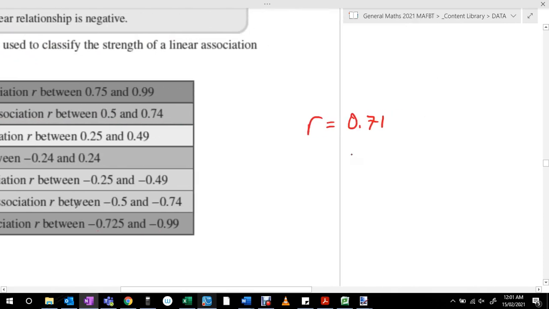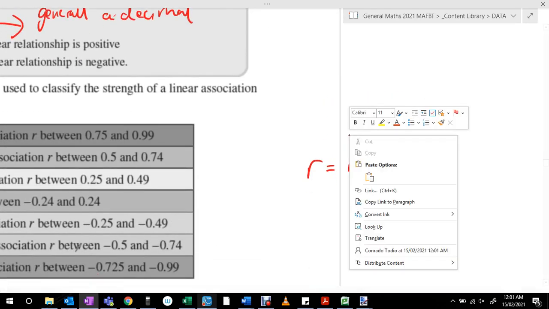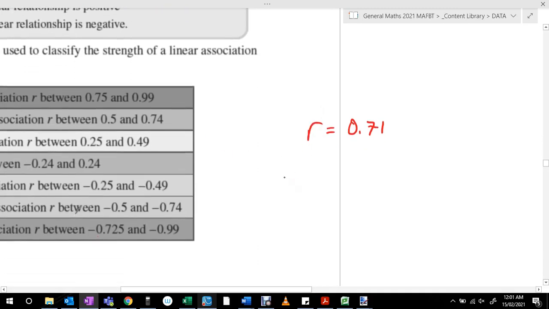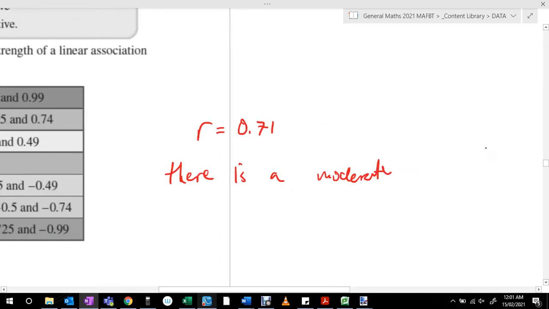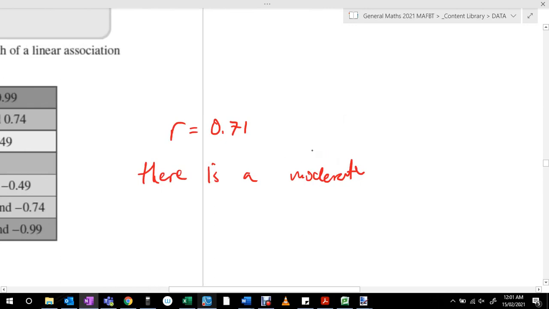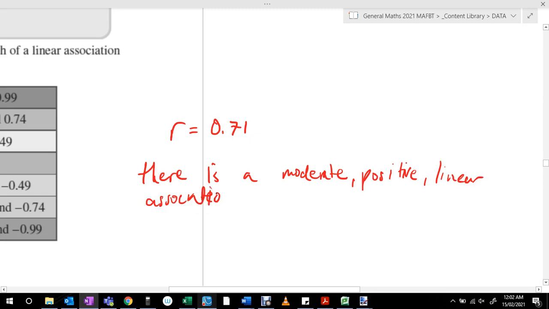So as an answer for this R value, I would write: there is a moderate positive linear association between, and you'd write your EV and your RV.